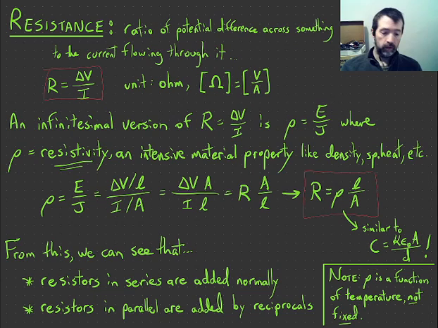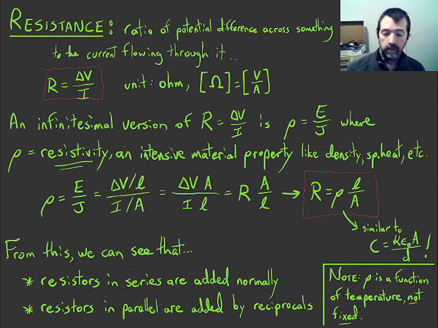If you know these measurements for the object, you can calculate what the resistance should be. And using similar reasoning as we did with capacitors, we can think about what would happen with series combinations of resistors and parallel combinations of resistors.